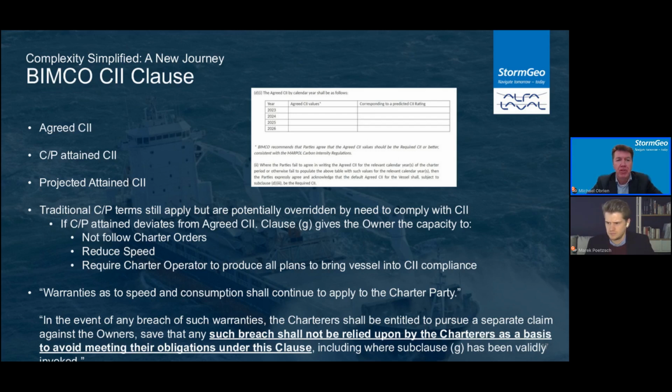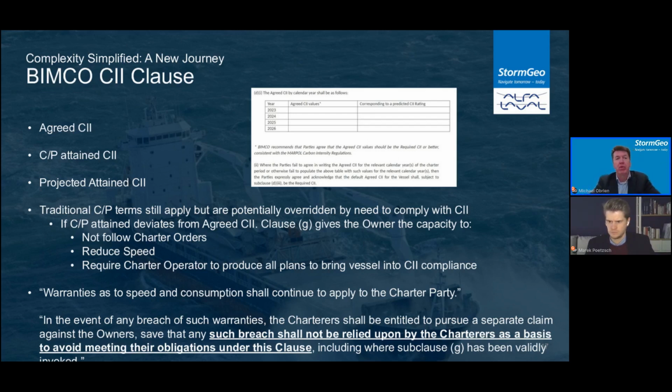And the BIMCO clause does introduce a lot of new, interesting aspects to the relationship between an owner and a charterer. As Marek alluded to, there's a great opportunity here to have better collaboration between owners and charterers. But at the same time, there are some things that everyone's going to need to be quite aware of in order to make sure that we at least limit the potential for disputes to arise.